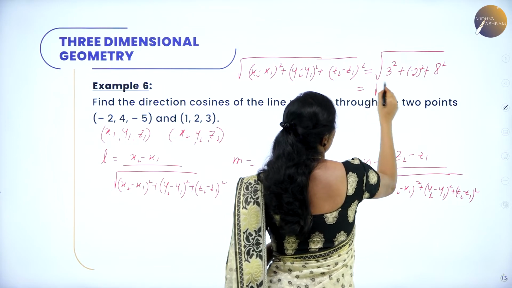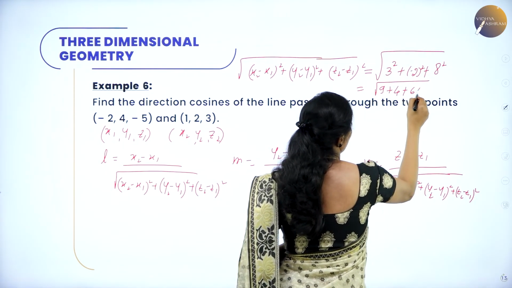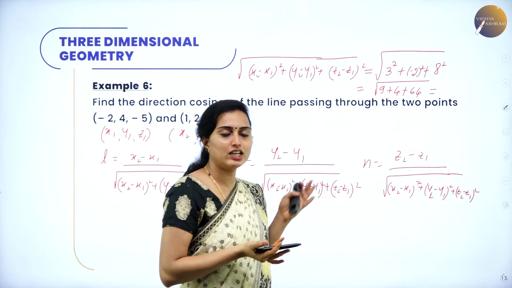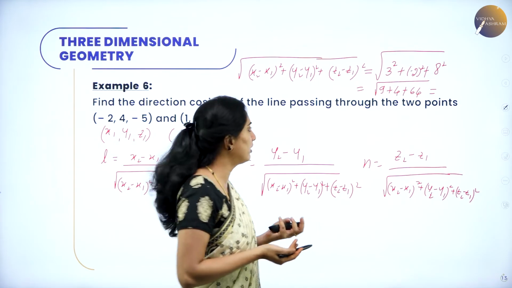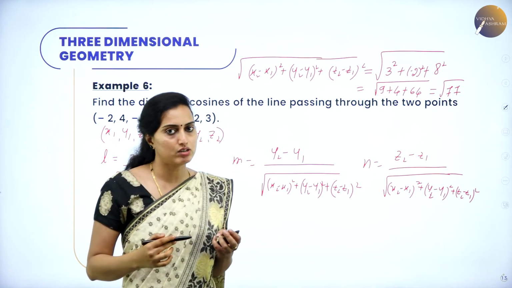So under the root we have 9 plus 4 plus 64. 9 plus 4 is 13, 13 plus 64 is 77. So the square root of 77 is the distance between A and B.